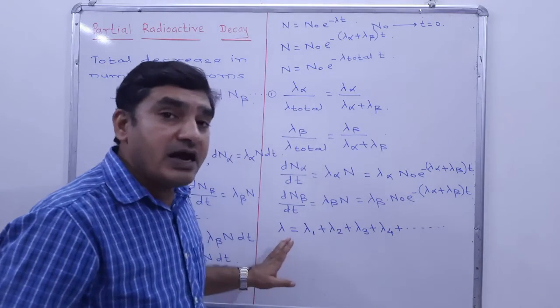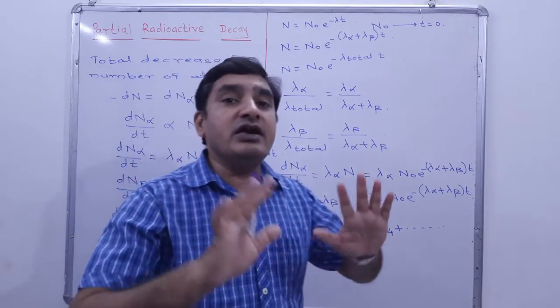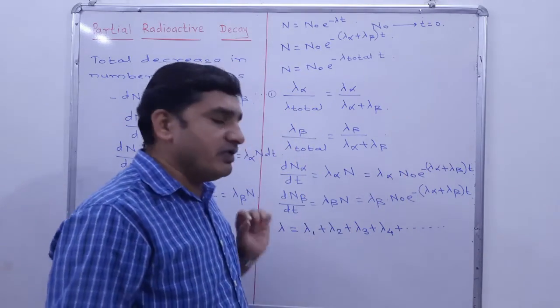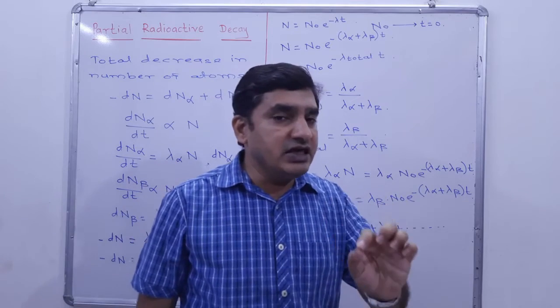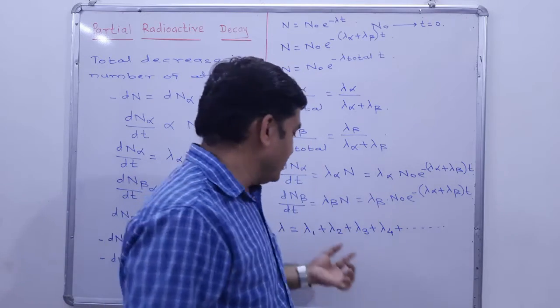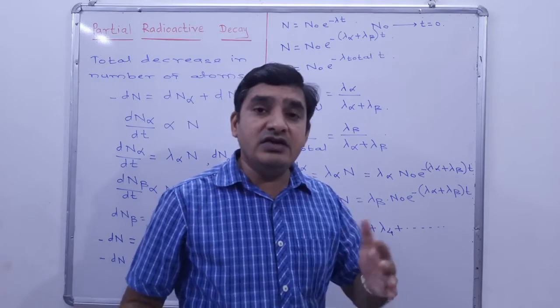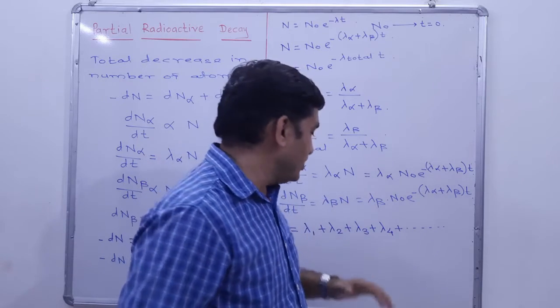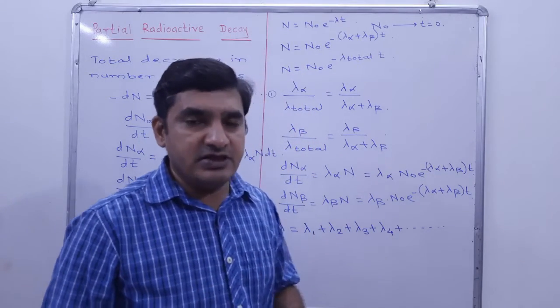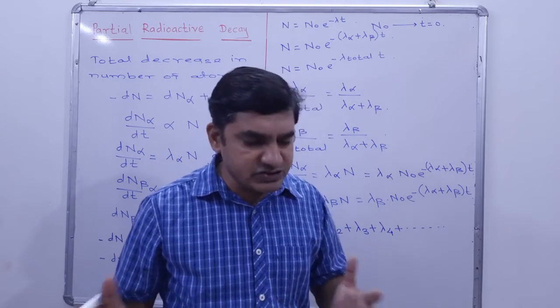Here lambda represents the total decay constant. Lambda 1 is the decay constant for the first mode, lambda 2 represents the decay constant for the second mode, lambda 3 for the third mode, and so on.